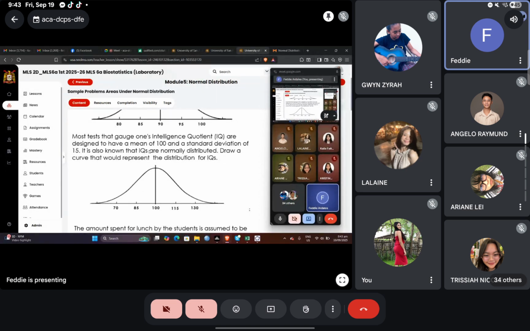So that is how this graph is distributed.